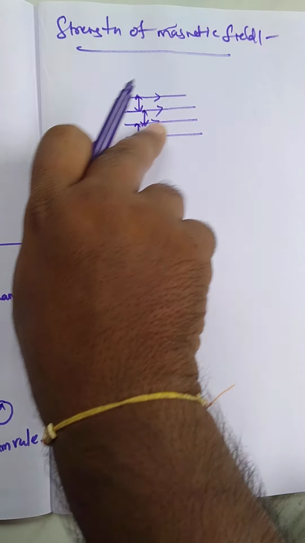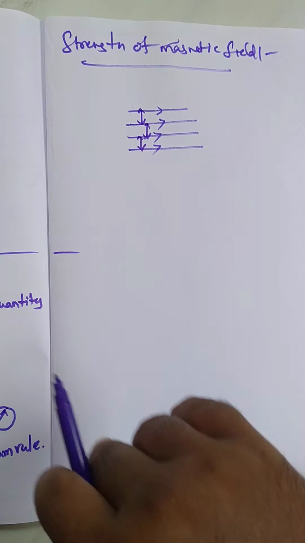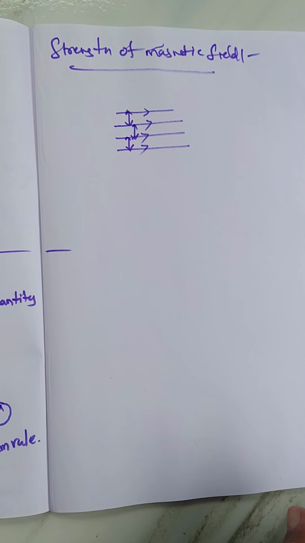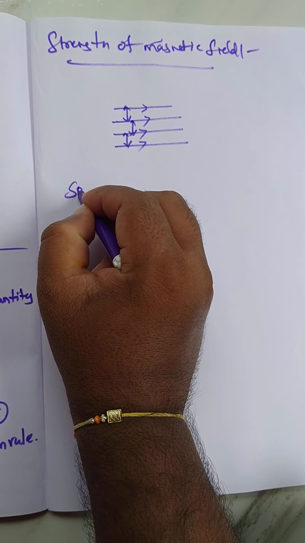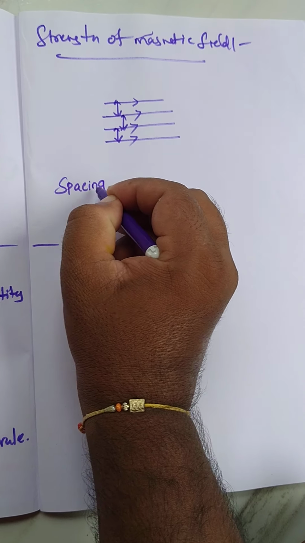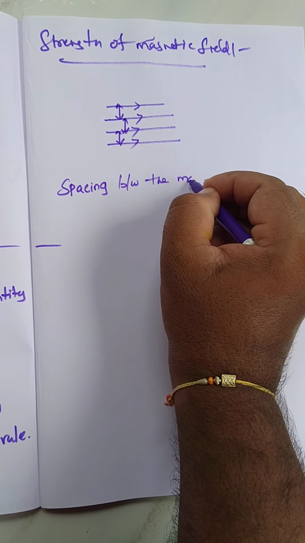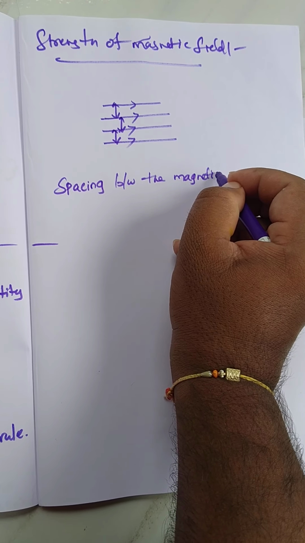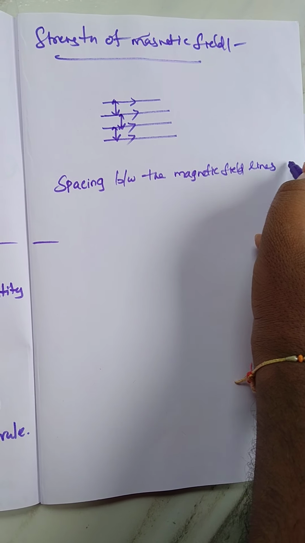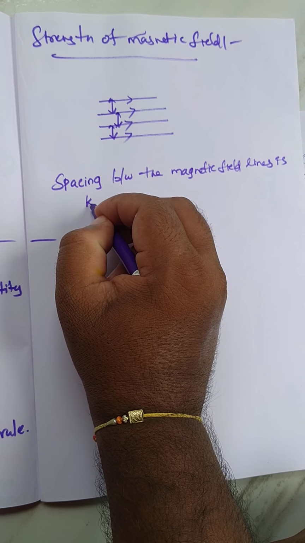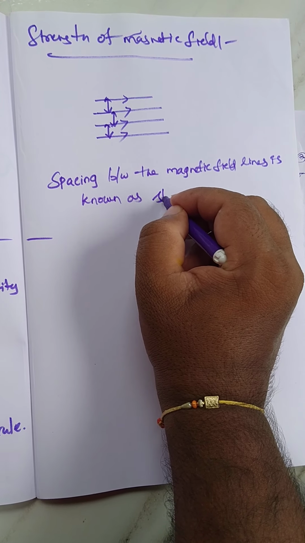This direction gives the direction of the magnetic field, and the spacing between the lines is known as the strength of the magnetic field. Understand my point? Spacing between the magnetic field lines is known as the strength of the magnetic field.